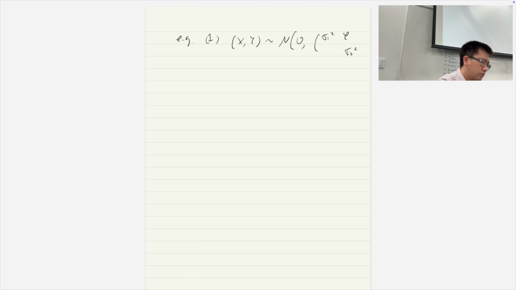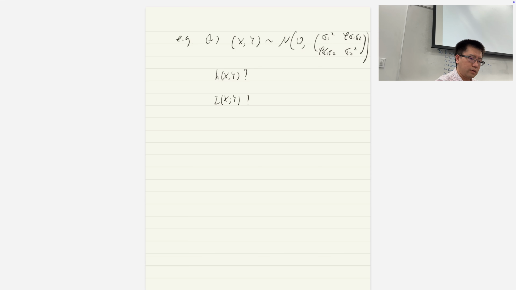Here we have rho sigma 1 sigma 2, and rho sigma 1 sigma 2, where rho is the correlation factor, okay? And then compute what is the differential entropy and what is the mutual information. Compute it offline.